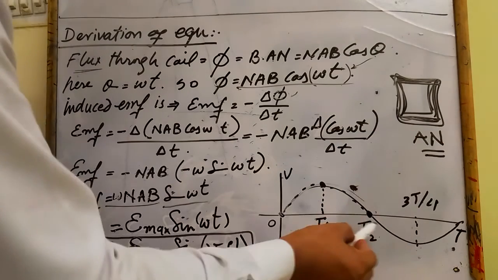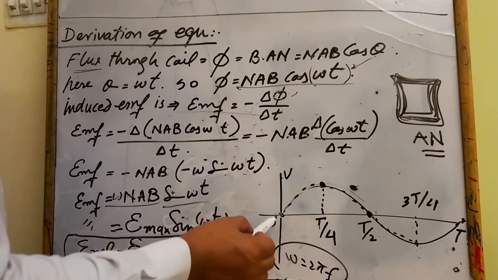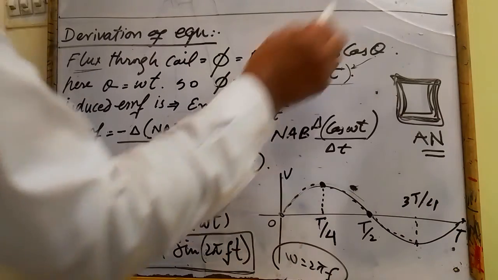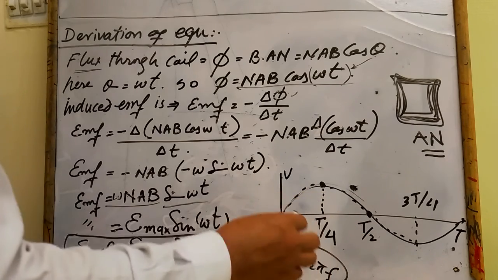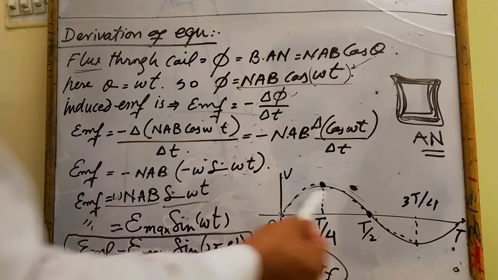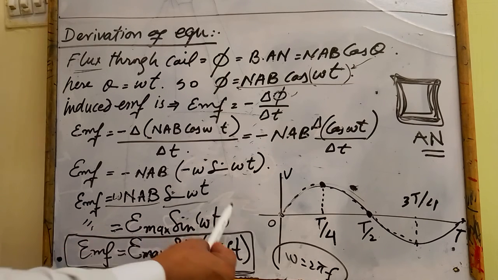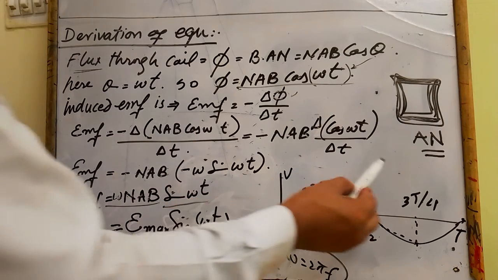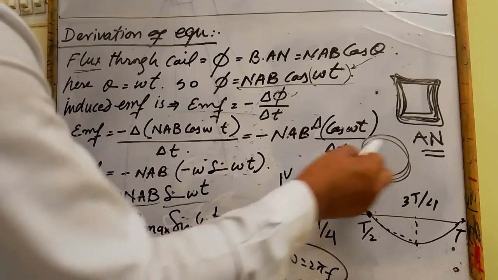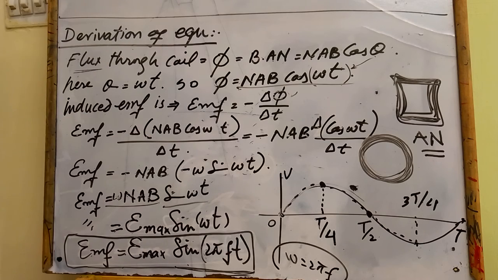Then the direction is reversed, it goes down to negative, and then it is 0 again. So the induced EMF of this generator is variable: sometimes increasing, sometimes decreasing, sometimes positive, sometimes negative. The function shows values at 0, 90, 180, 270, then again 0, a cyclic repetition of the values. For that reason, it is called an alternating current generator.